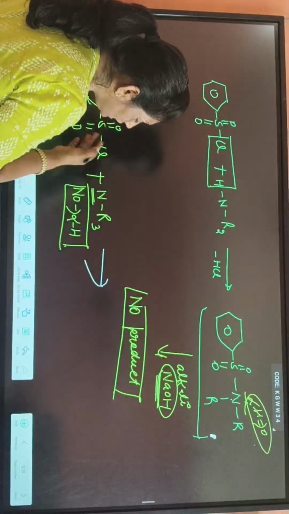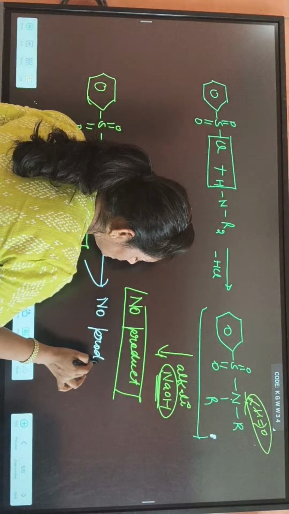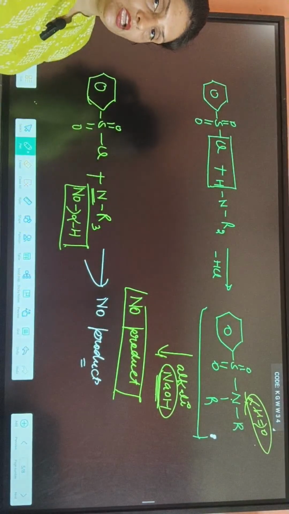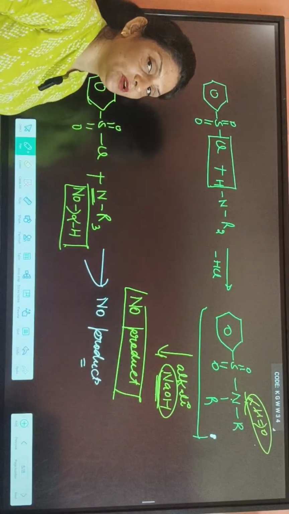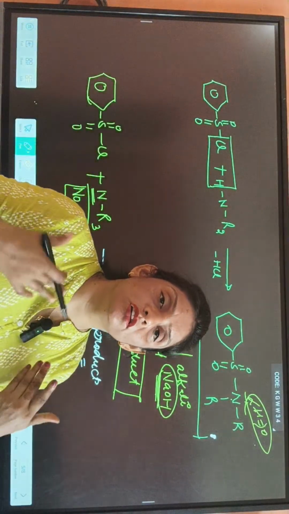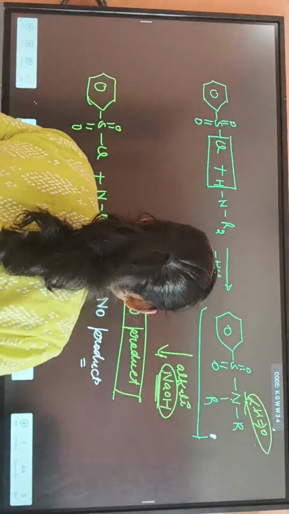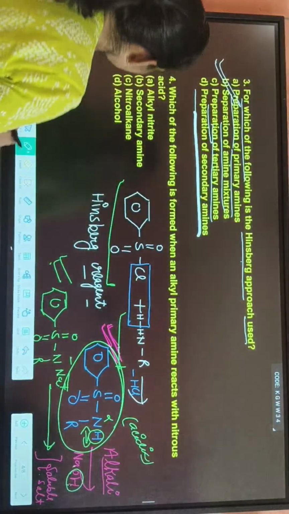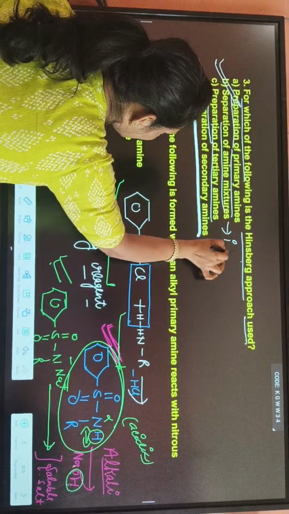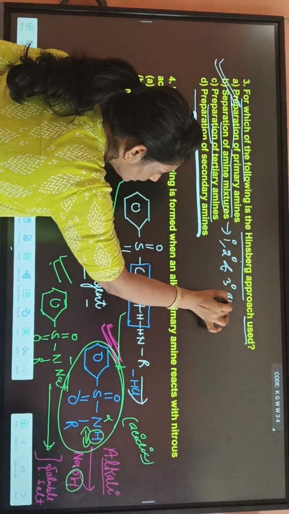So initially it is not reacting with Hinsberg reagent. So if you add Hinsberg reagent and no reaction takes place, it means your amine is tertiary. So students, in this way, Hinsberg reagent is used for separation of primary, secondary and tertiary amine.